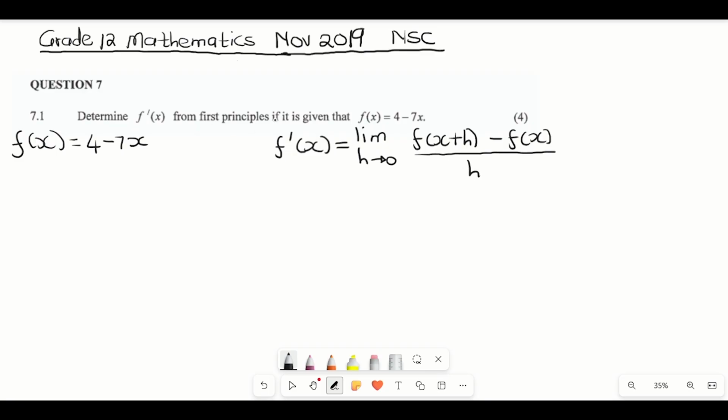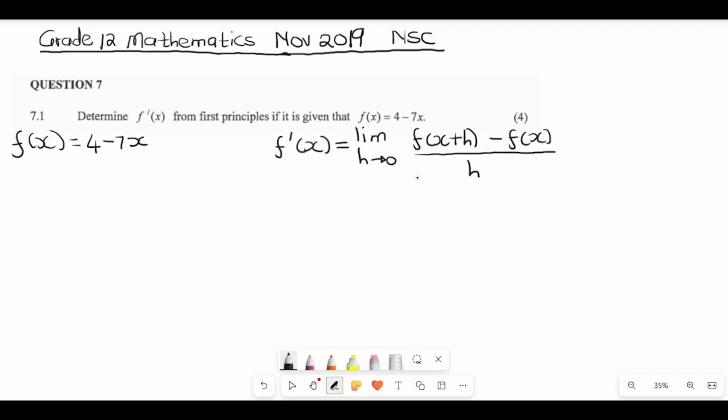So the moment they say first principles, they want you to use this formula. You don't need to know it by heart, but you should be able to identify it. So it will be given in the formula sheet.